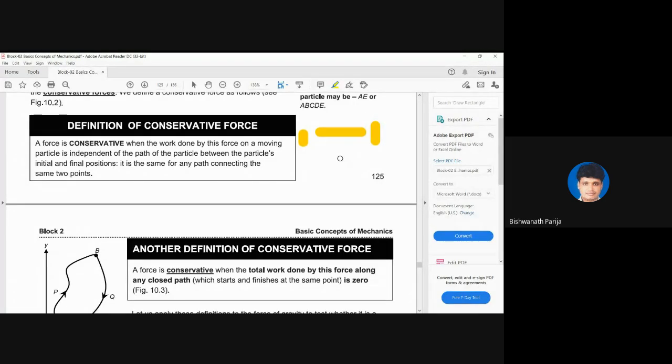You can go from the initial to the final point by any path, this path or that path, and the work done will be the same. Any path you take, the work done will be the same. Everyone clear?